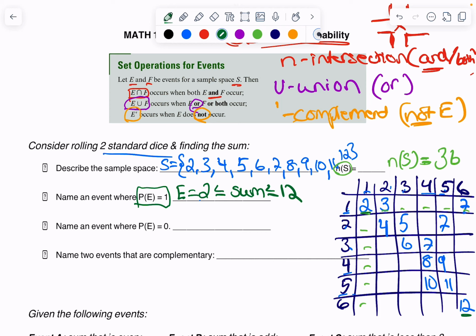Because 1 means that it happens for sure. A probability of 0 means that it's not going to happen. So for example, if we say the event is where sum is greater than 12, well, we can't have a sum greater than 12 because we only have a 6 and a 6 as the largest numbers on the die.